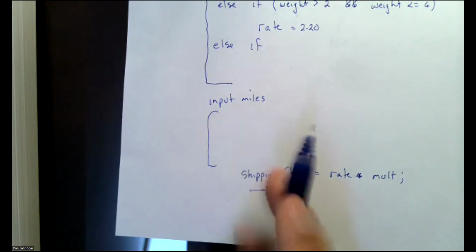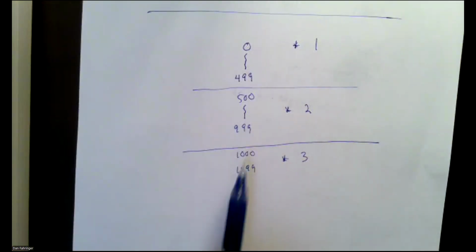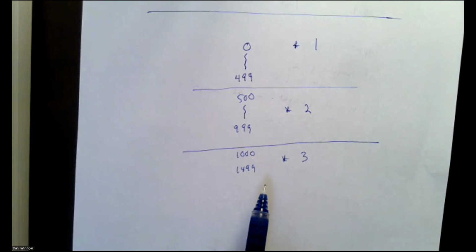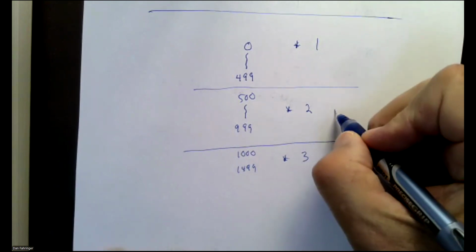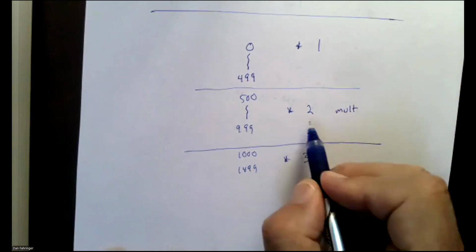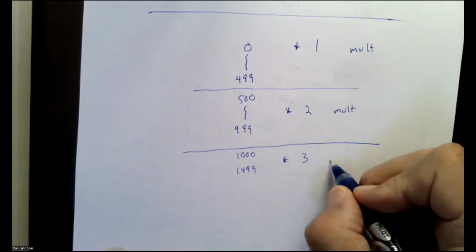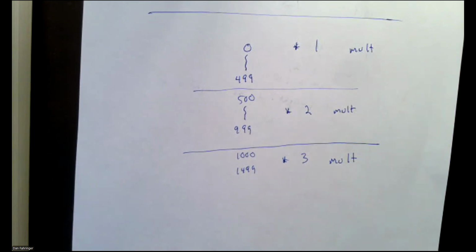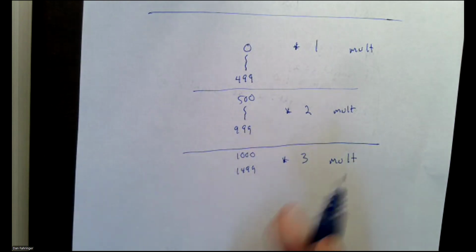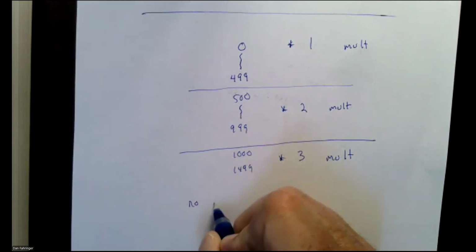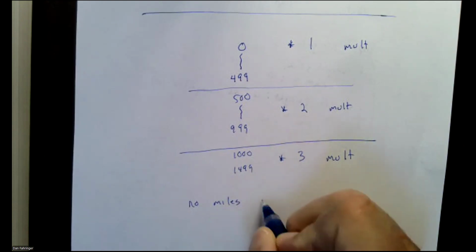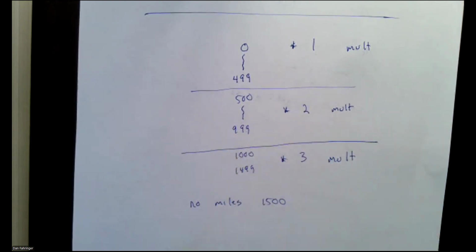How do I get that multiplier? That's in here. I need to figure out a way to make this work. Okay. Multiplier is 1. Multiplier is 2. Multiplier is 3. Let's just assume no miles over 1,500. I'm going to keep it somewhat easy.